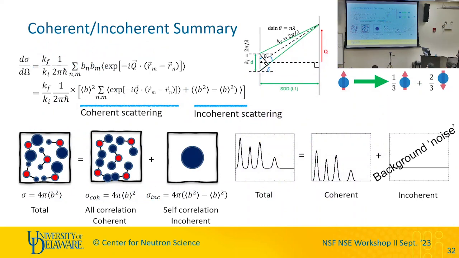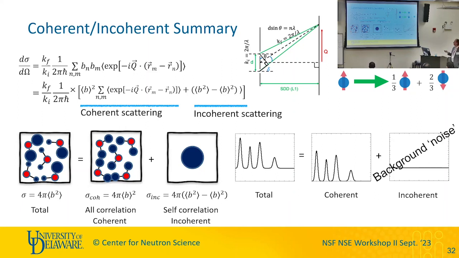So again, to summarize, because of the spin nature of the neutrons, we're going to get two parts of the scattering. We're going to get this part that I just talked about, this differential scattering cross-section, or S elastic, which depends on all the interference from all the atoms. That's the coherent scattering. That is information about where all the atoms are and what they are. That's this part. And we talk about cross-section, sigma, for that, related to the b, right, the scattering strength of each atom.